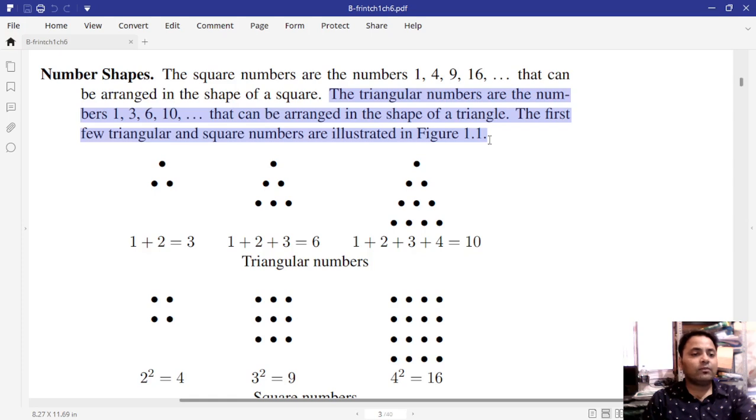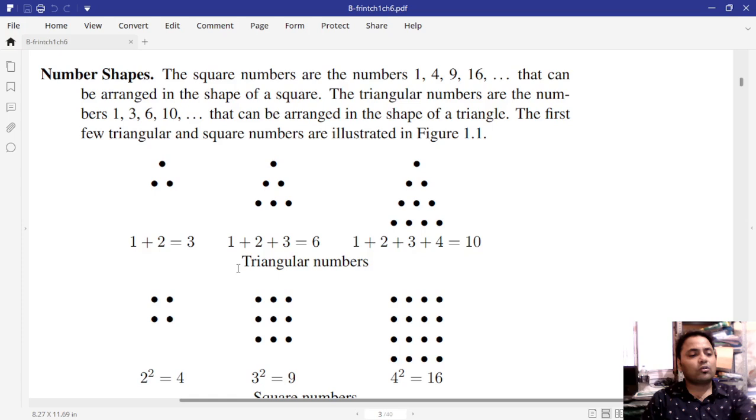Actually, while we were discussing algebra in the section on the number system, we have already done the triangular number, the square number, the pentagon number, the hexagon number, the octagon number, and so on. So here is just a recall: 1 plus 2 equals 3, 1 plus 2 plus 3 equals 6, 1 plus 2 plus 3 plus 4 equals 10.